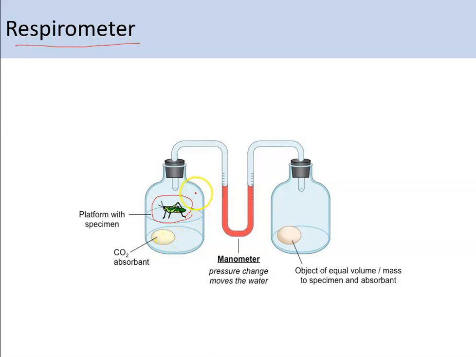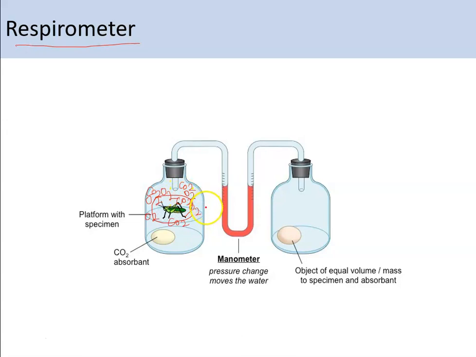We are imagining that we have oxygen molecules over here, and if the insect is respiring, we also have carbon dioxide molecules due to respiration, because it absorbs oxygen and releases carbon dioxide.